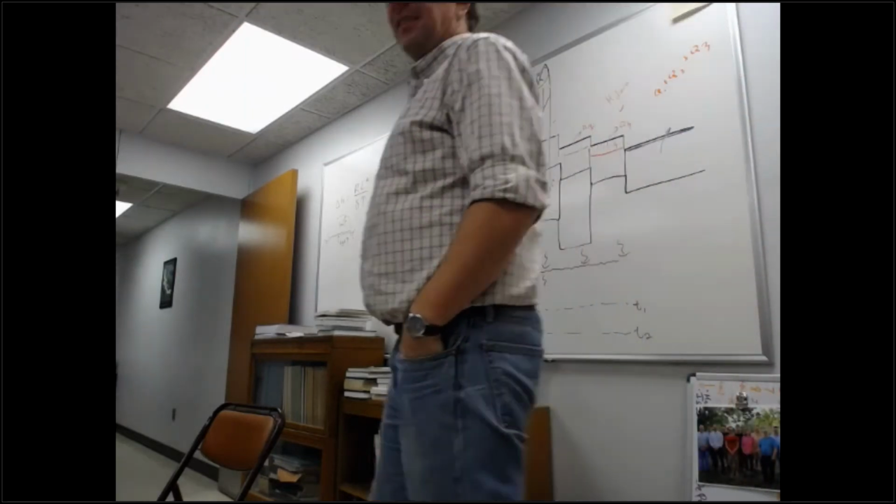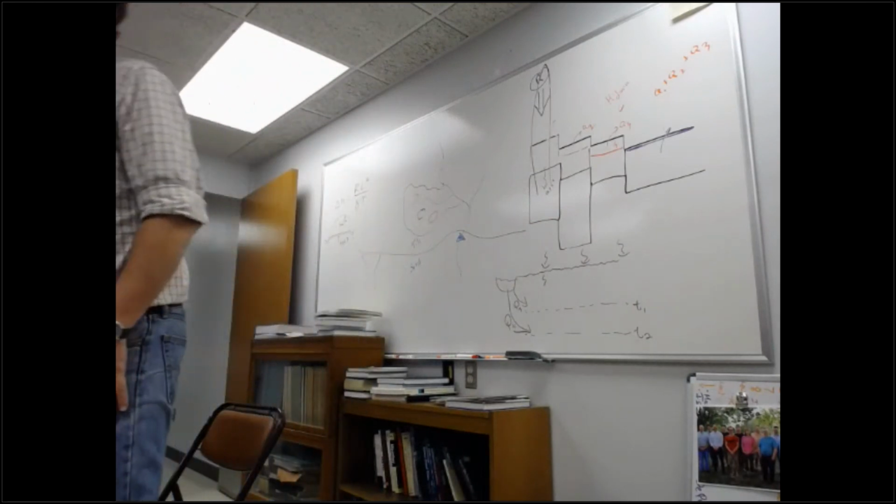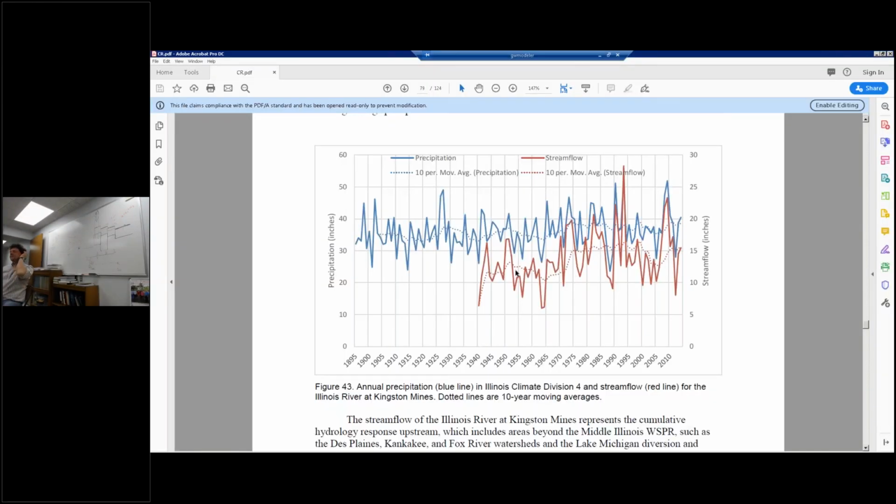Here's the plot I was thinking of then. That shows this increase in stream flow. This is at Kingston Mine, a little north of Mason County. Around the 60s, the stream flow jumped.